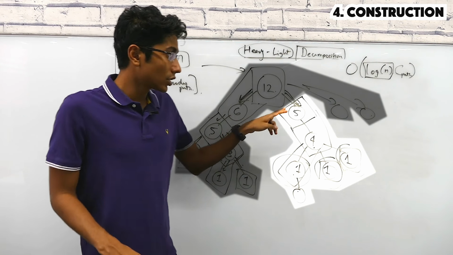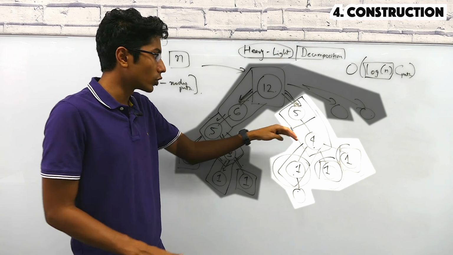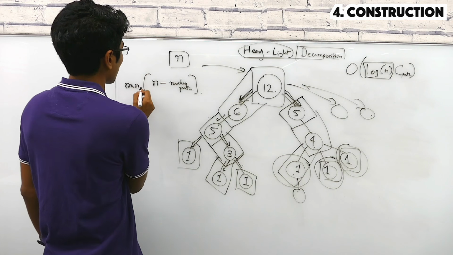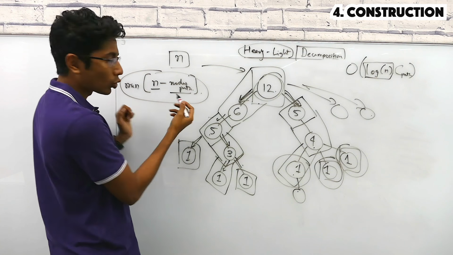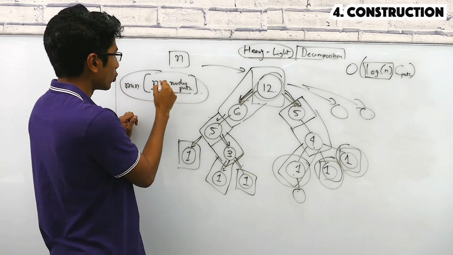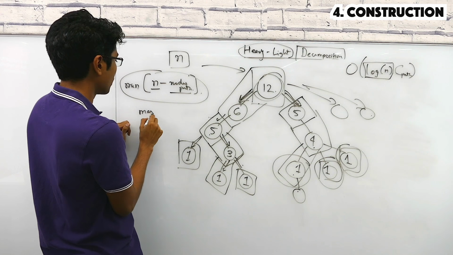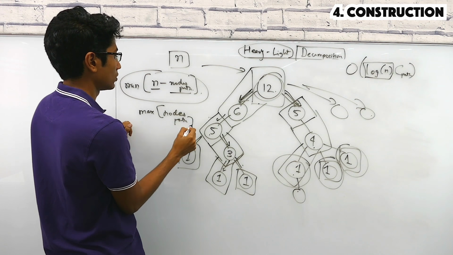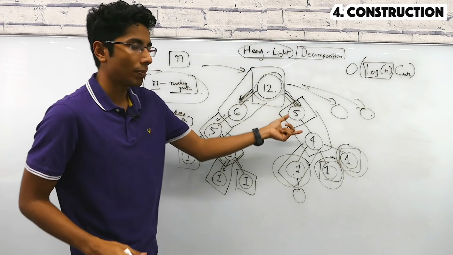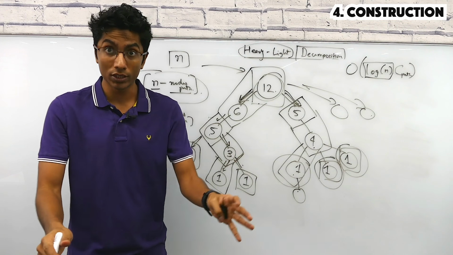In the worst case, the node that you move to, the chain that you move to, did not lose many nodes. This is the worst case. n is positive, minus nodes in path is negative. So you want to effectively maximize the number of nodes in your path. Of course, this makes sense because you go to a place which has a lot of nodes. That is the worst case.